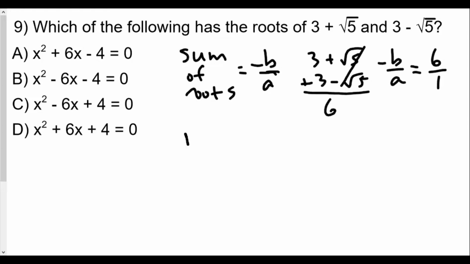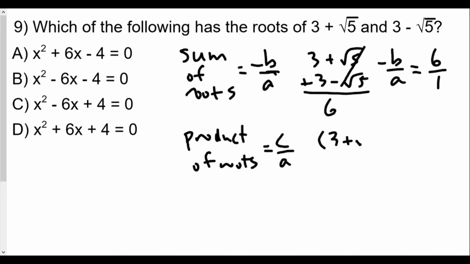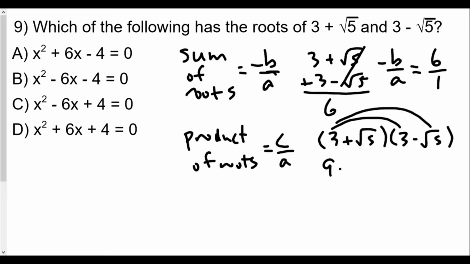Now, the product of the roots is equal to c over a. So when we multiply 3 plus square root of 5 times 3 minus square root of 5, you can actually type it in your calculator and it'll multiply for you. If you don't have a calculator, just multiply: 3 times 3 is 9. 3 times negative square root of 5 is negative 3 square root of 5.